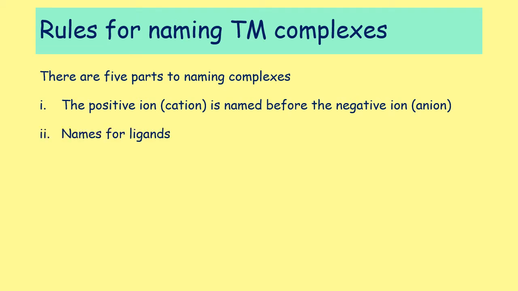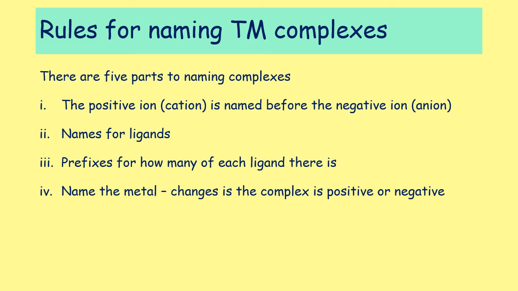So the second thing is, how do we name the ligands? You will see that the ligand names change to denote that they are part of a complex. Then we use prefixes to describe how many of each ligand there are. So these are going to be your bi, tri, tetra, etc. prefixes.